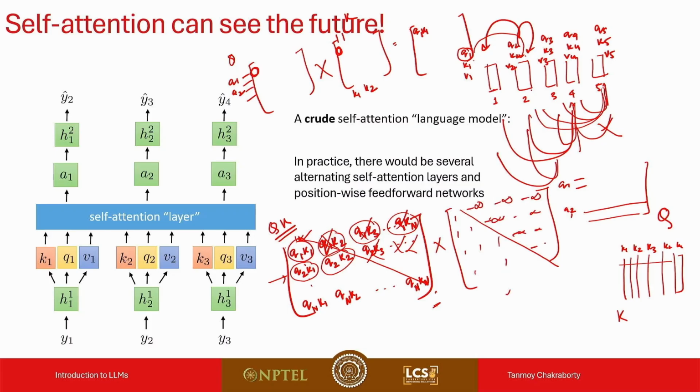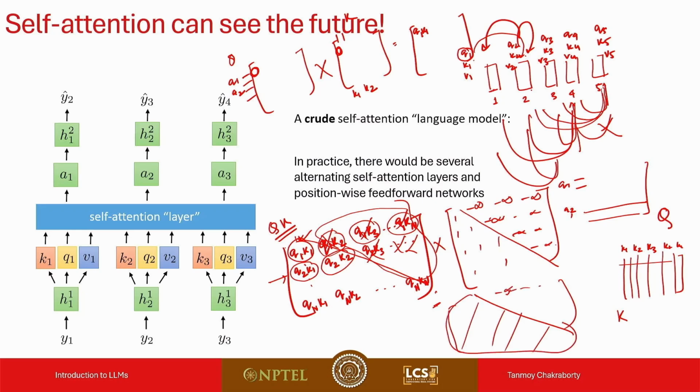Why minus infinity? I'll tell you. If you multiply this, then the upper part will be replaced by minus infinity in the resultant matrix, and the lower part will remain the same.